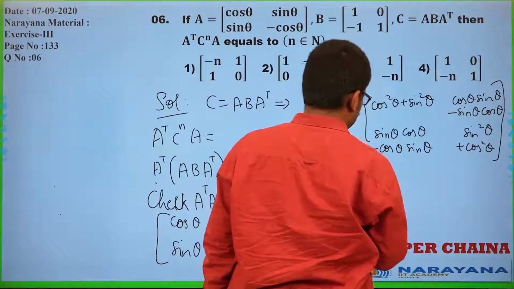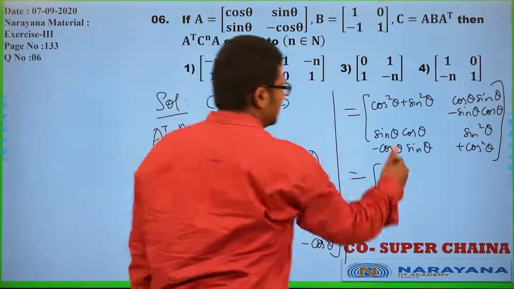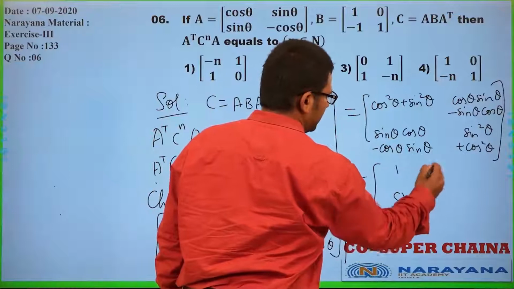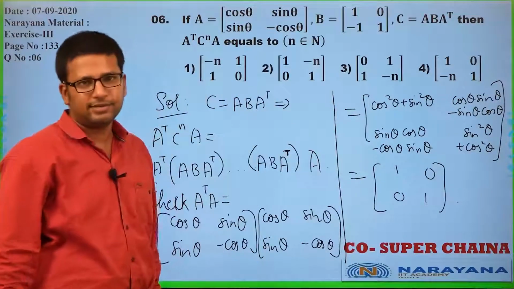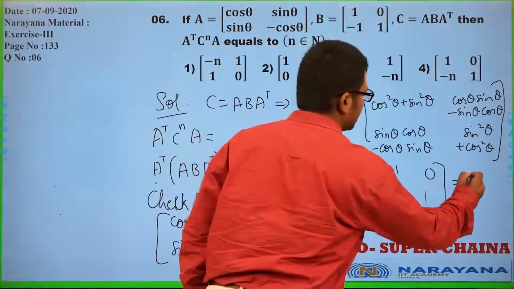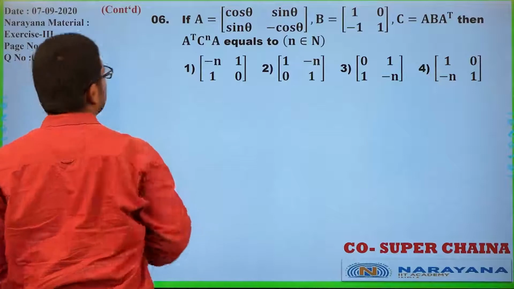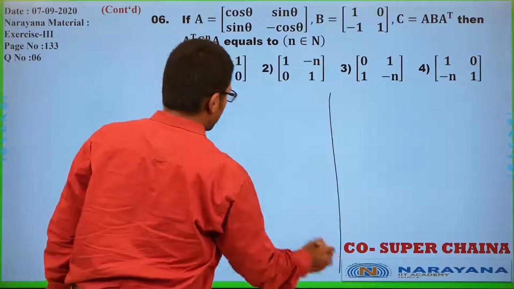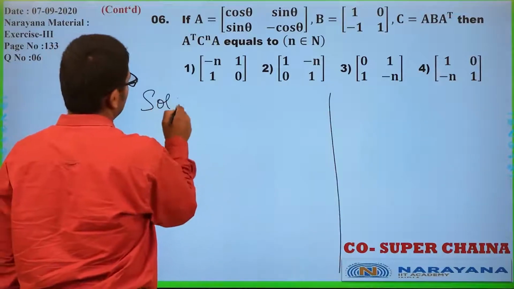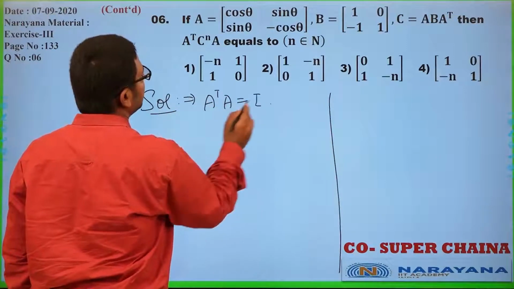So as expected, this is again the identity matrix, because this is 1 0 0 1. Can you see that? Correct? So that is 1 0 0 1, which is I. Therefore we have A transpose A is I, right?